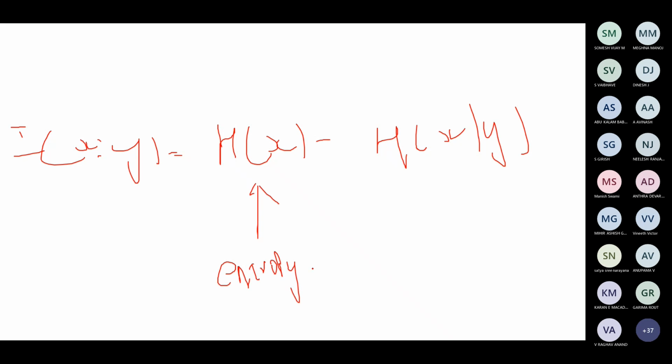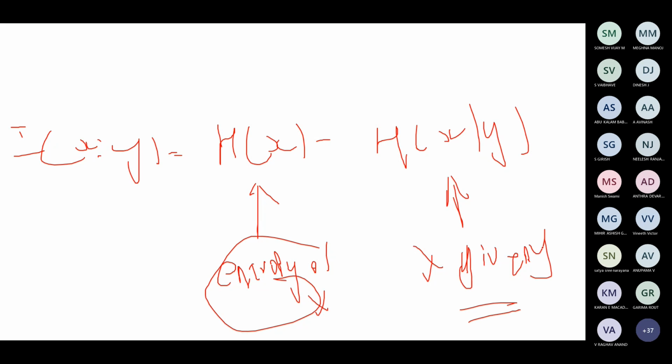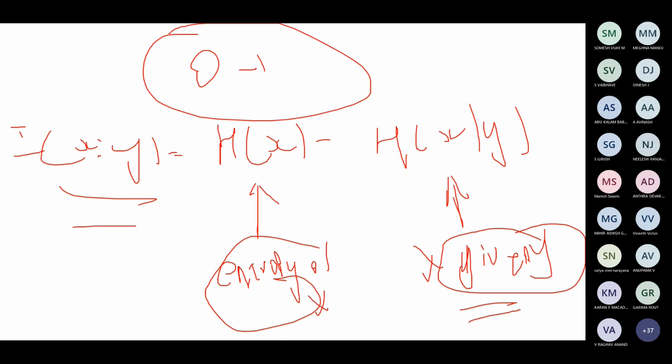This is the conditional entropy for x given y. Okay. The result is in the form of bits, which is always between 0 and 1.